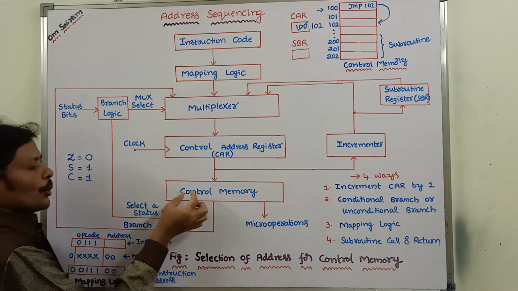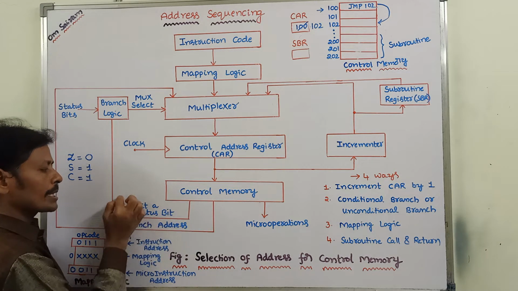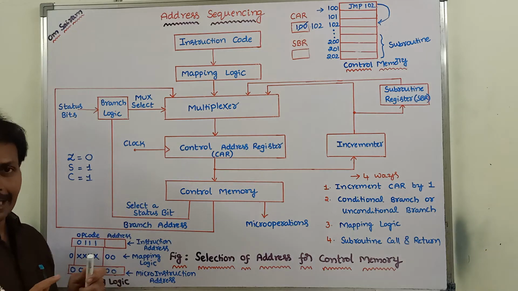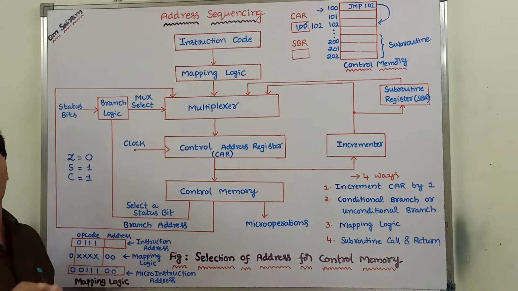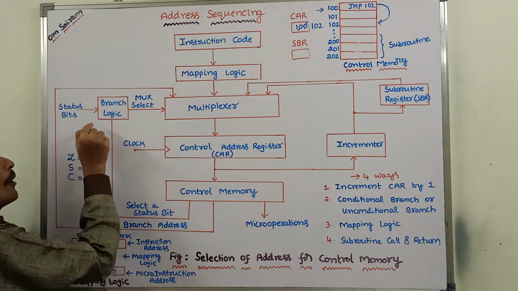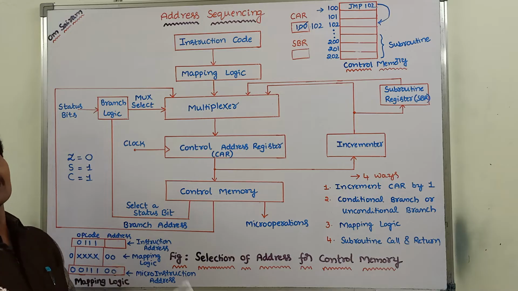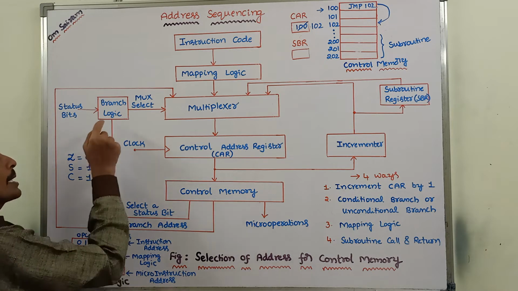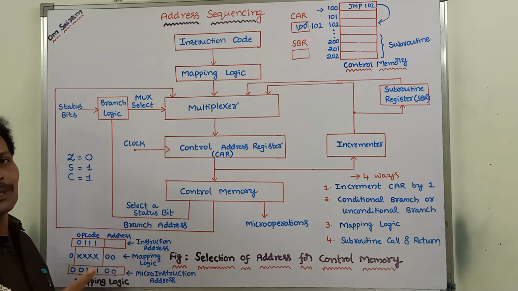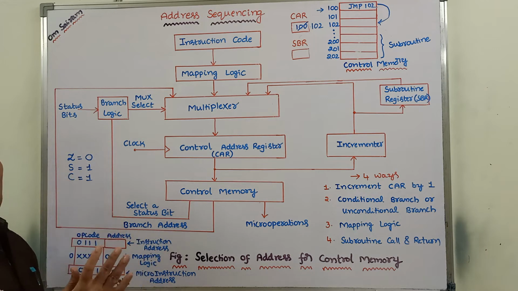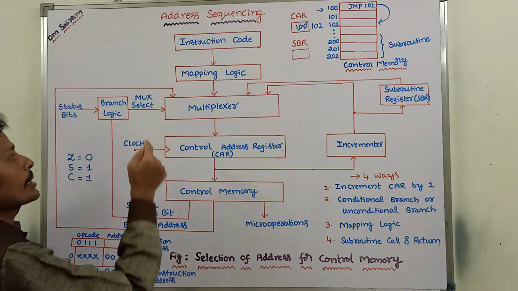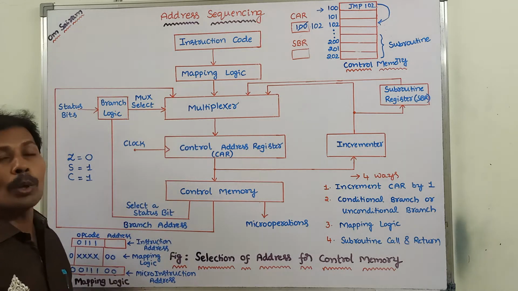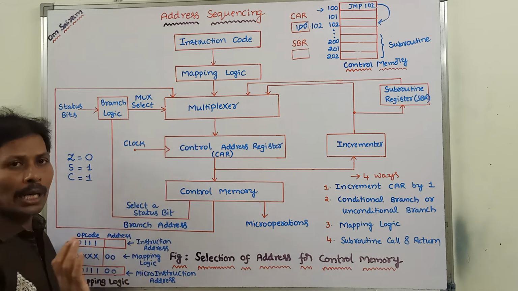So here, first we have to select a specific status bit that can be tested by using the branch logic. After testing, it contains either 0 value or 1 value. If the status bit is set as 1, then the corresponding branch address specified in the instruction is loaded into the control address register through the multiplexer.